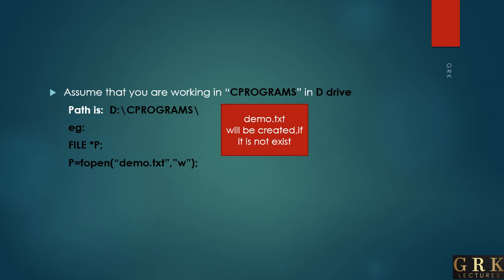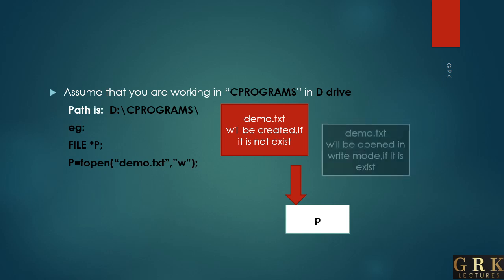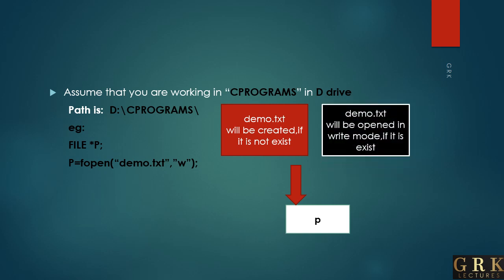Once it's been created, it returns a pointer, meaning the address of demo.txt, and that will be stored in the pointer p. In the second case, if demo.txt is already available in the C programs directory, then demo.txt will be opened in the write mode, and its address will be assigned to the pointer p.